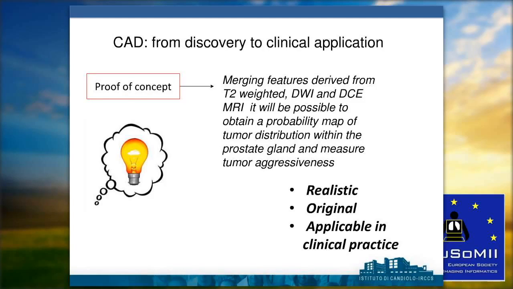Well, probably we could put some MRI sequences together, T2 weighted, diffusion weighted, and dynamic contrast MRI, and develop a probability map of the distribution of tumor within the gland, and probably also measure tumor aggressiveness, which is a very important parameter to know whether a patient should undergo treatment or not. So we thought this was realistic, that it would also be applicable to clinical practice.